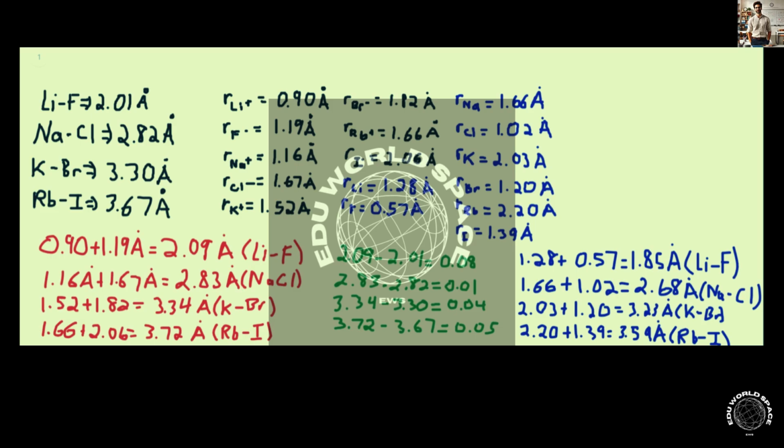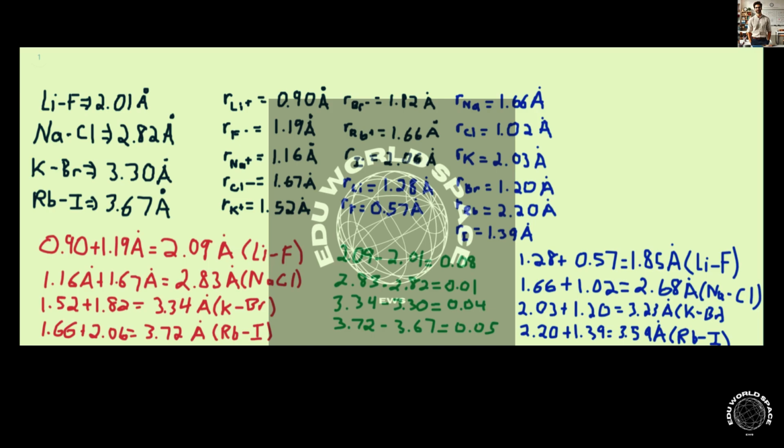This happens in the larger elements, but not the smaller ones, because it has to do with how drastically taking away an electron from the cation or giving one to the anion changes the overall size of your atom.